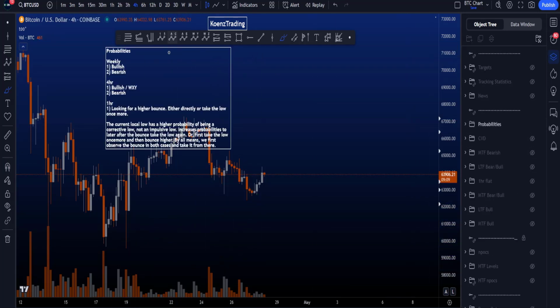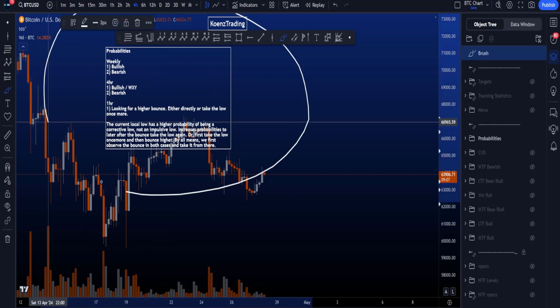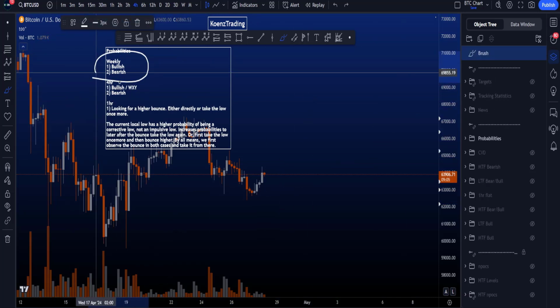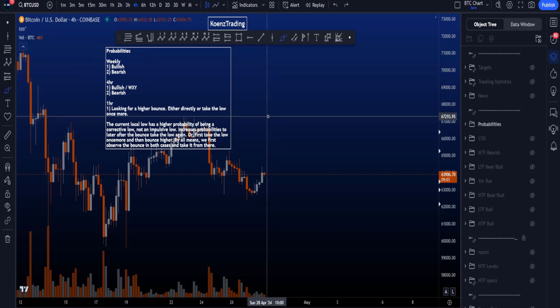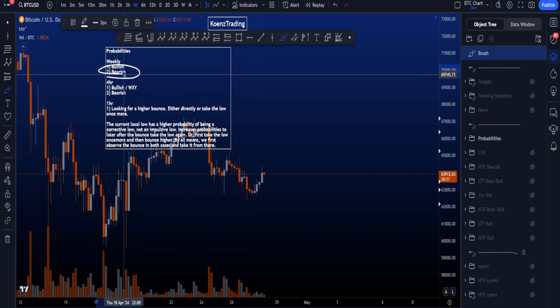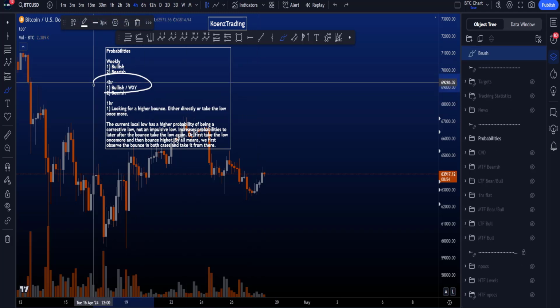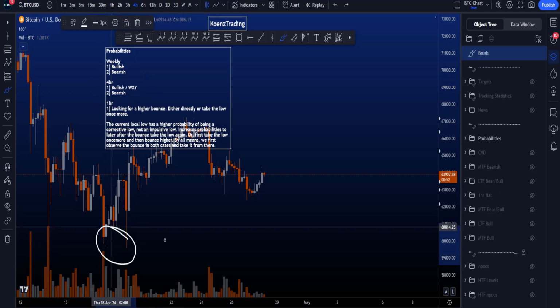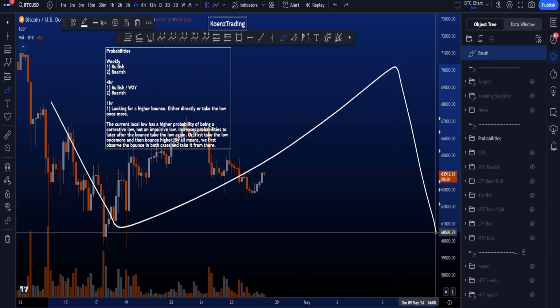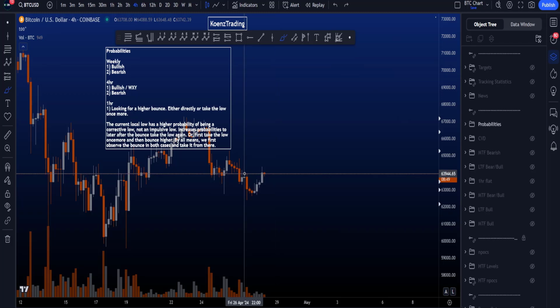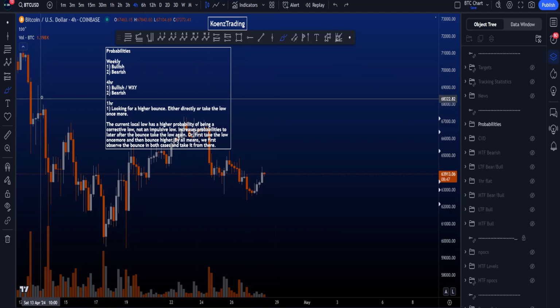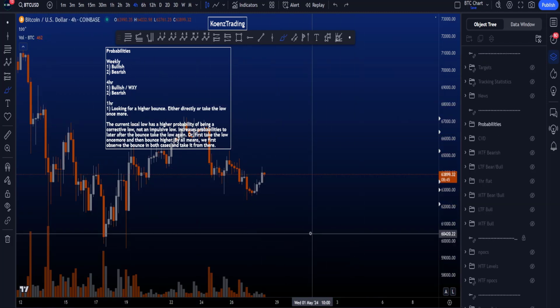So if we then look at the probabilities of the different scenarios, then on the weekly time frame the probabilities remain higher for a continuation of the trend, bullish first, and then comes the bearish triple 1-2 scenario, which has a lower probability. On the 4-hour chart, the bullish scenario where wave C ends over here, or the bigger WX and then a wave Y, have a higher probability compared to that bearish scenario where we again look for the triple 1-2 to the downside.